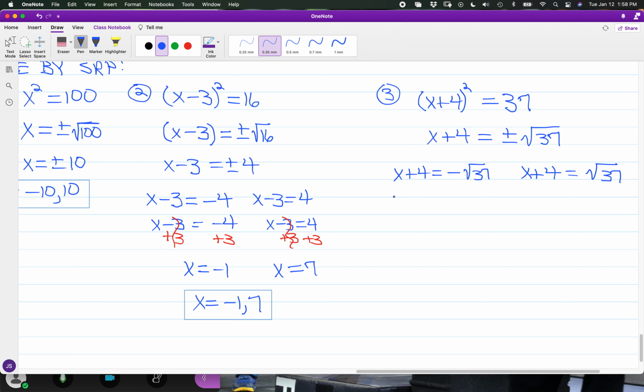So I can take 4 away from both sides, and here I'm going to situate the negative 4 in front of the radical. And so we'll have x equal to negative 4 minus the square root of 37.